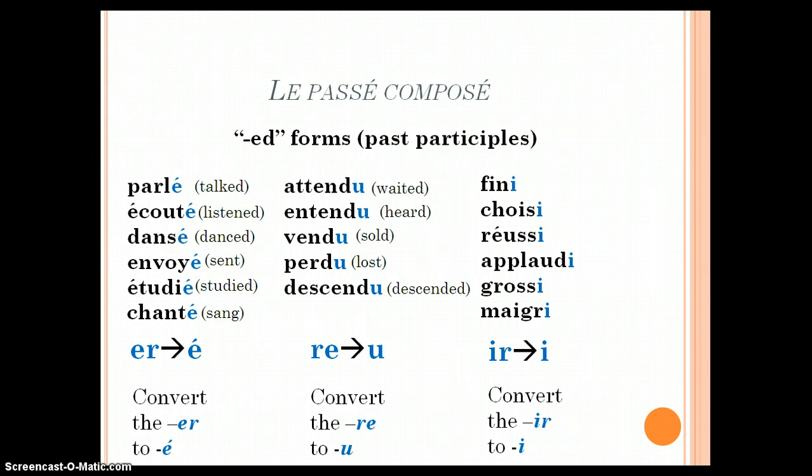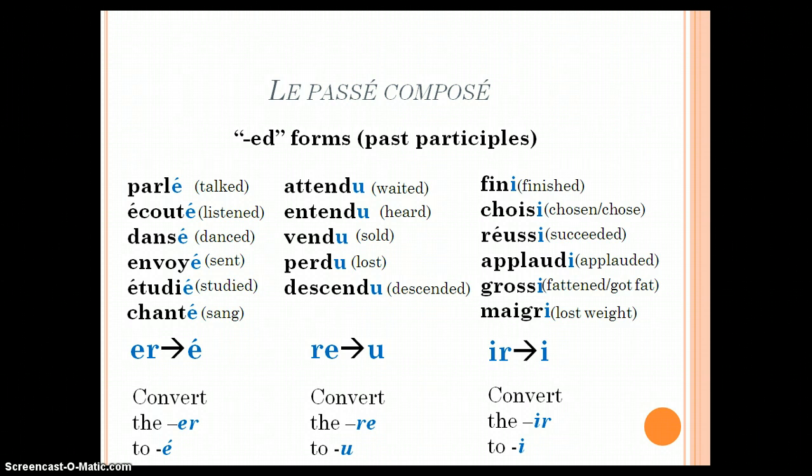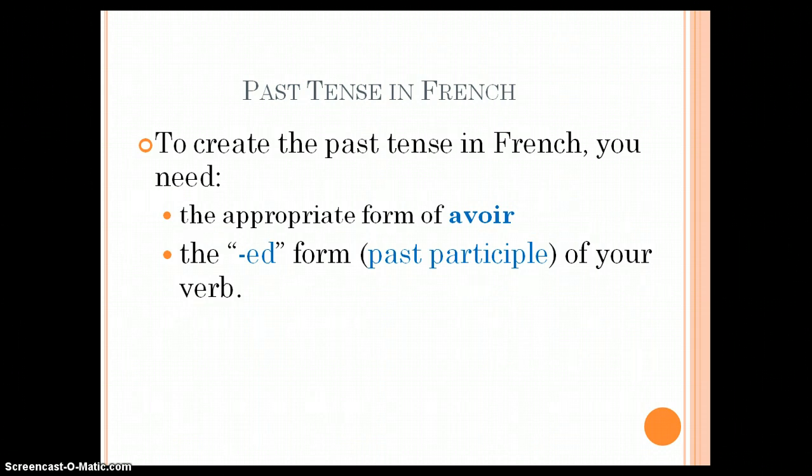And since when you convert the ir to an i, those are the ed forms of the verbs, they translate out to mean finished, chosen or chose, succeeded, applauded, fattened or got fat, and lost weight. So just as a review, to create the past tense in French, you need the appropriate form of avoir and the ed form or the past participle of your verb.